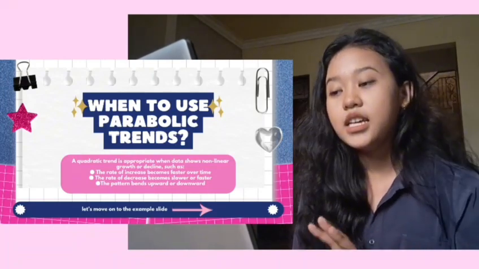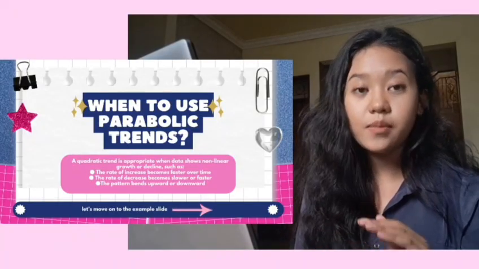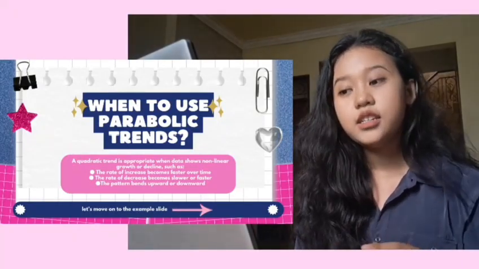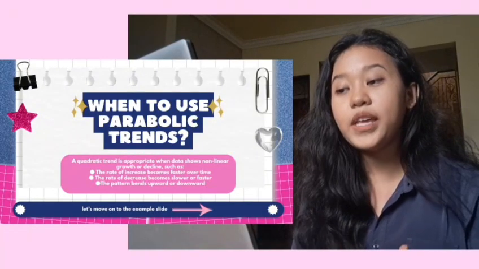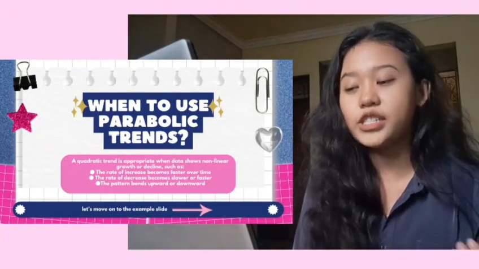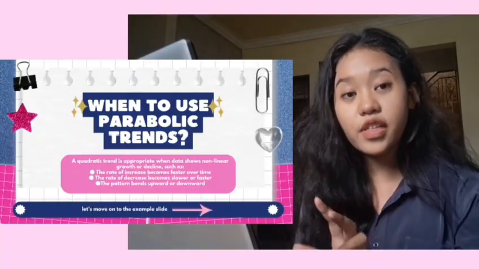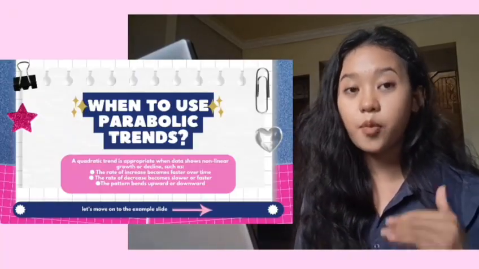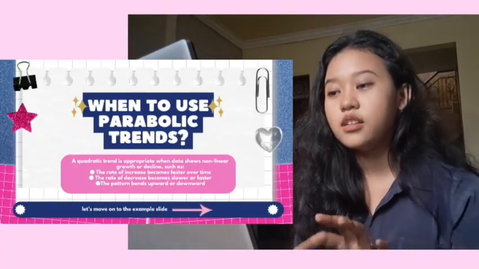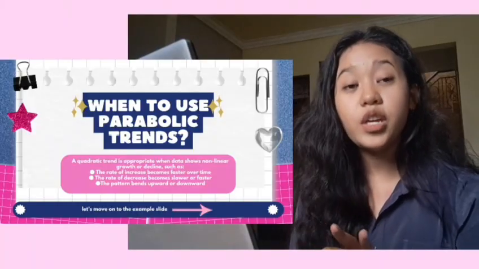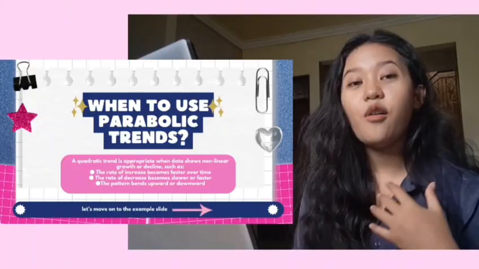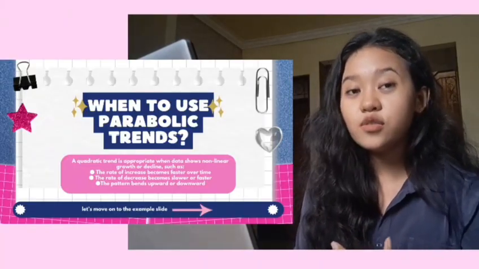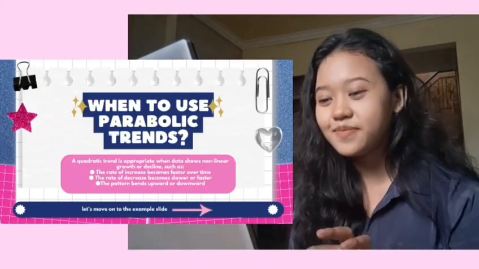The second is when the rate of decrease becomes slower or faster, so the change is rapid over time. And the third is when the pattern bends upward or downward. So that's when we use parabolic trends. To deepen our understanding, let's move on to the example slide.